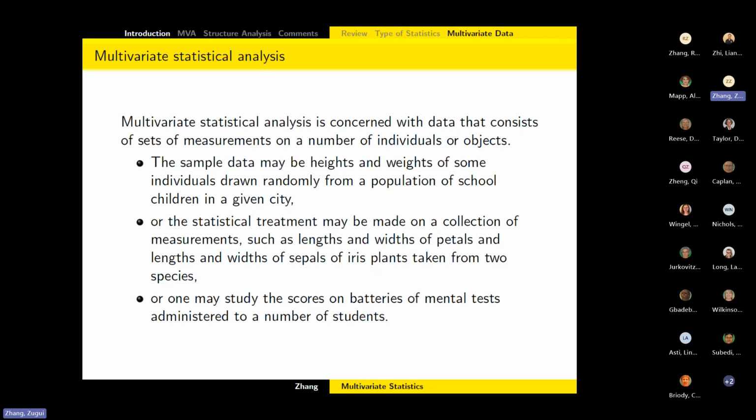Or the statistical treatment may be made on a collection of measurements such as length, width, and others. Or we may study the scores on batteries of mental tests administered to a number of students. In medical research, multivariate statistics are often related to quality of life measurements, as we can see later.